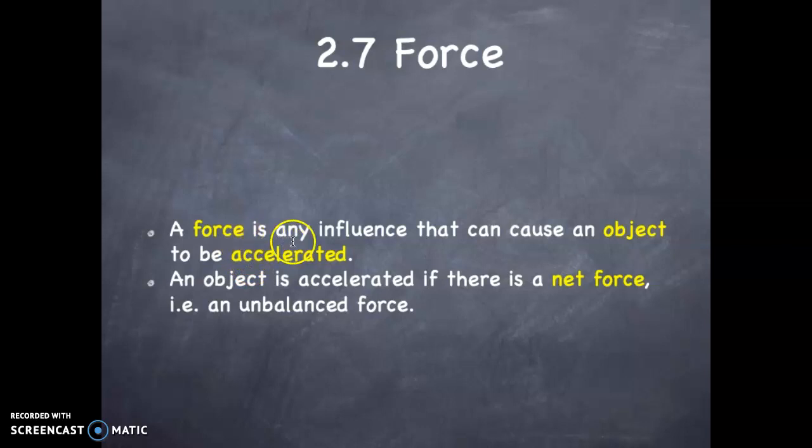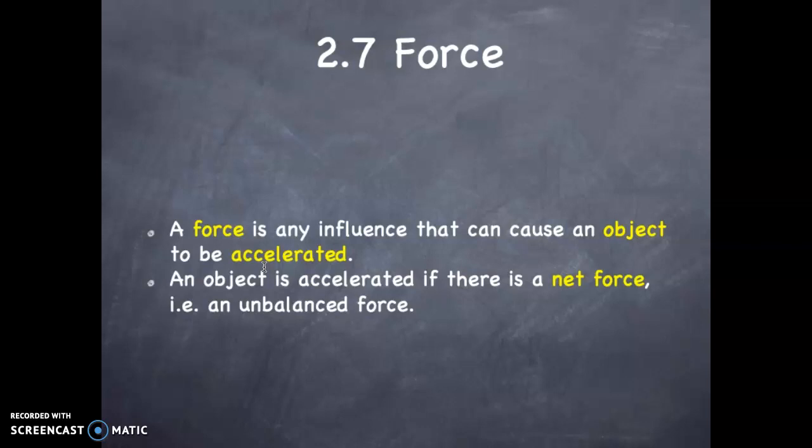So, a force is any influence that can cause an object to be accelerated. Recall, in part 1, we studied at great length the acceleration, which is a vector, which implies that there is a change in the velocity.